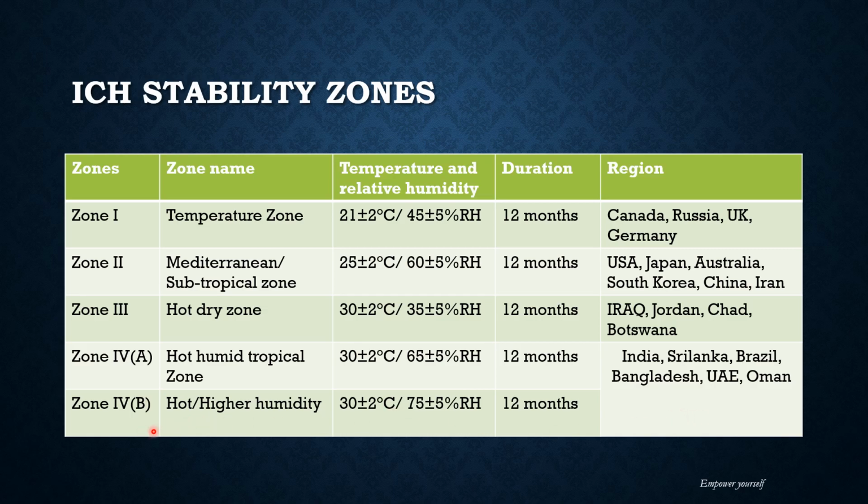Zone 4B. The Zone 4B is also called as hot or higher humidity. So the region in this particular zone is very hot and very humid. The temperature range is 30 plus or minus 2 degrees centigrade, and relative humidity is 75 plus or minus 5% RH.